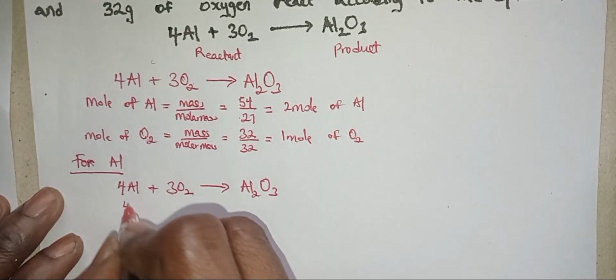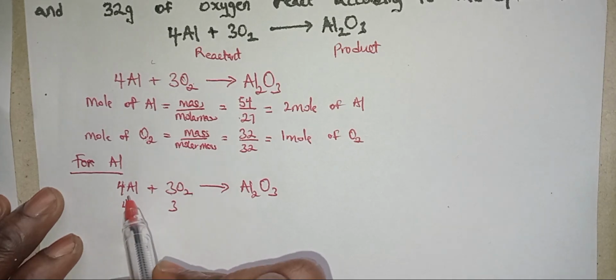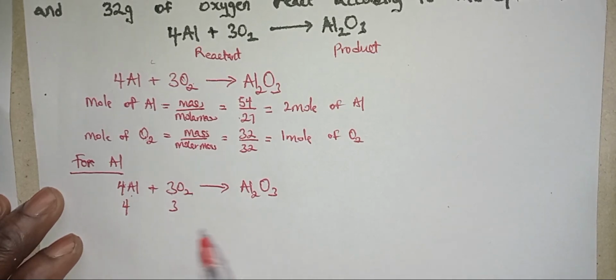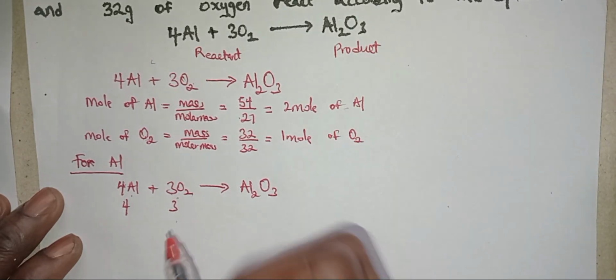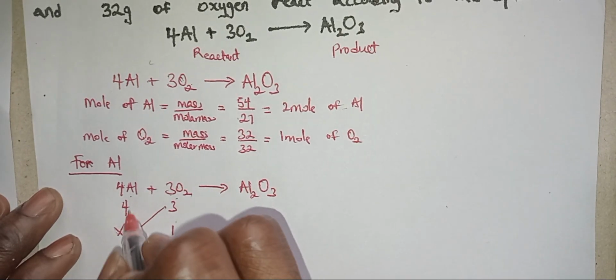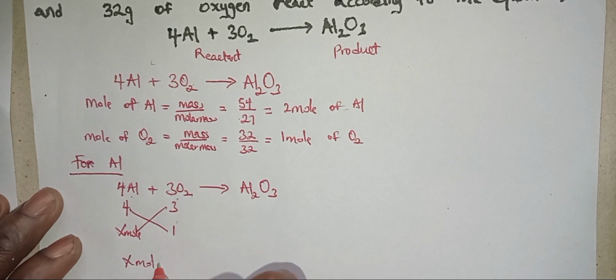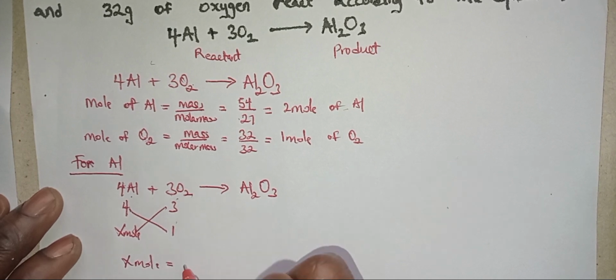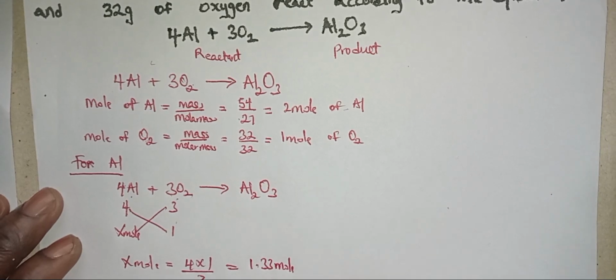I will copy the 4 and the 3 down. For oxygen, I will put the mole I've already solved for, which is 1, and the mole of aluminium will be x, unknown. So I will cross multiply: x mole of aluminium is going to be 4 multiplied by 1 upon 3. So our answer here is going to be 1.33 mole for aluminium.